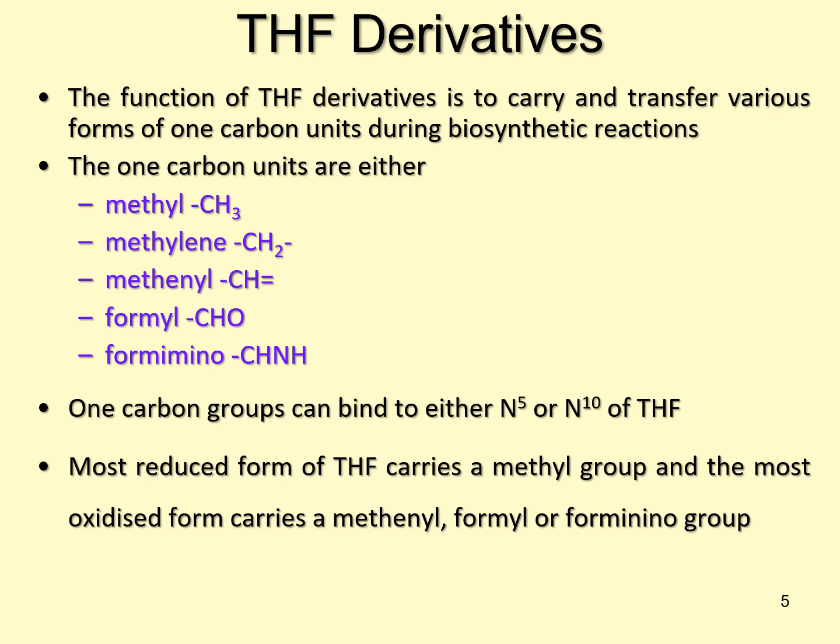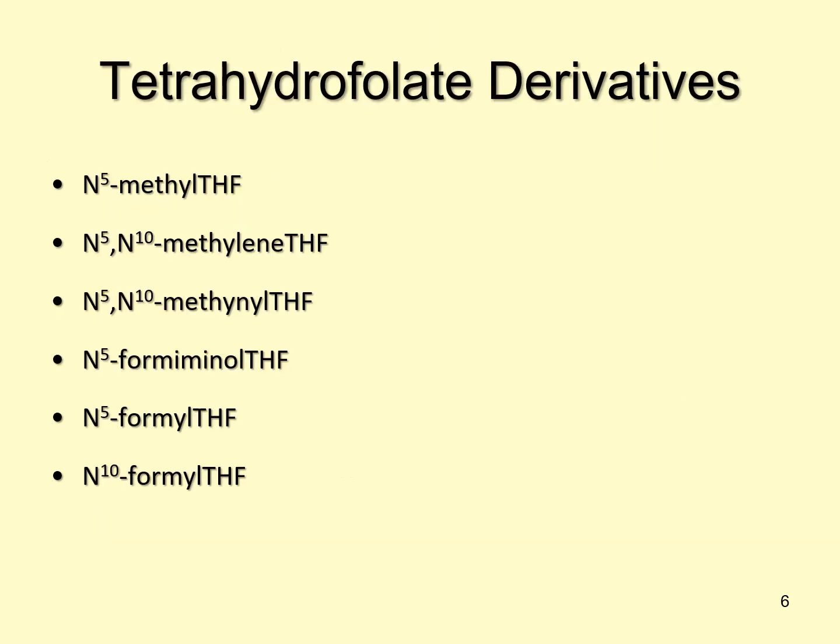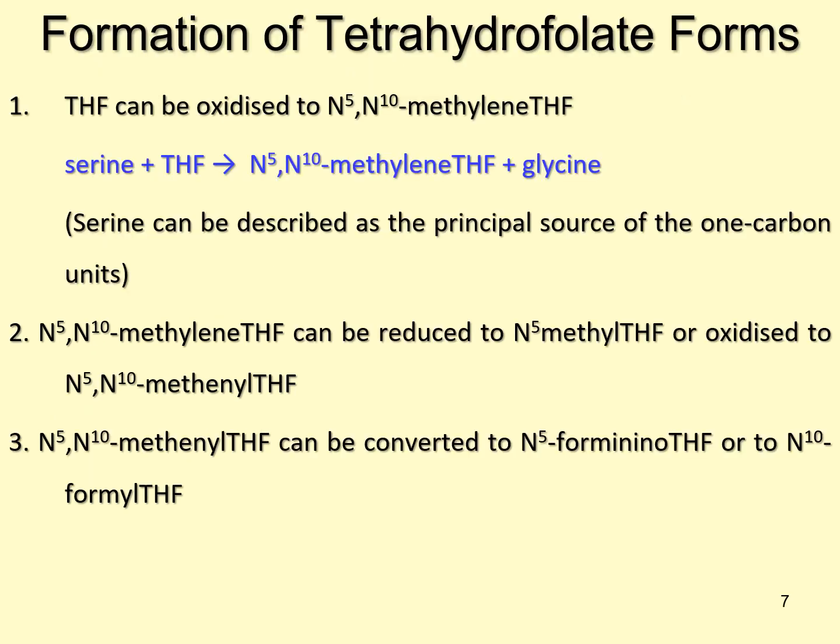The most reduced form of tetrahydrofolate carries a methyl group, and the most oxidized forms carry methenyl, formyl, and formimino groups. These tetrahydrofolate derivatives, as I mentioned before, are N5-methyl tetrahydrofolate, N5-N10 methylene tetrahydrofolate, N5-N10 methenyl tetrahydrofolate, or N5-formimino tetrahydrofolate, and so on. This is the formation of the tetrahydrofolate forms.